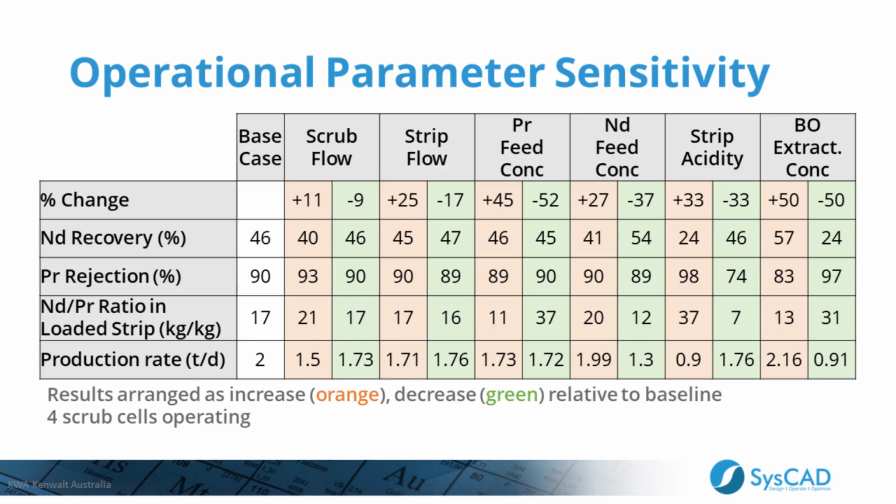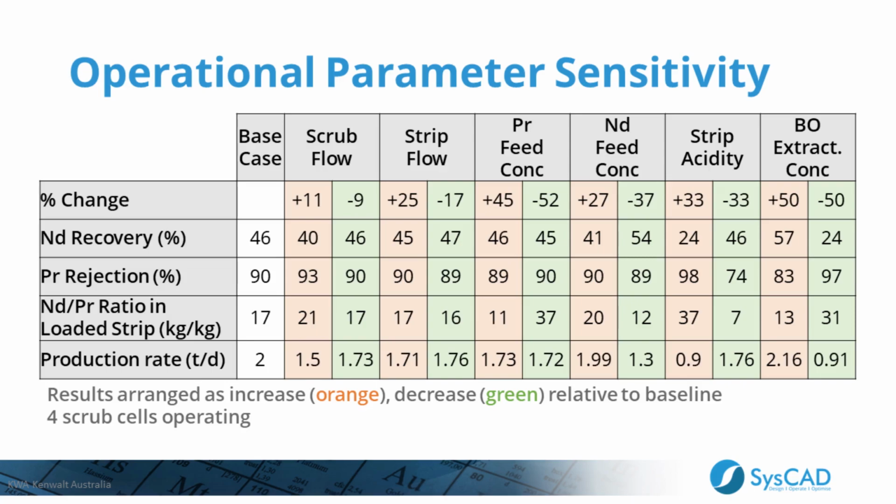The strip flow, when we increased the strip flow, we had a slight decrease in neodymium recovery, but a slight increase in praseodymium rejection. And this is probably because the strip flow, the loaded strip, portion of it is reused as scrub. So this would increase the acidity of the scrub solution.